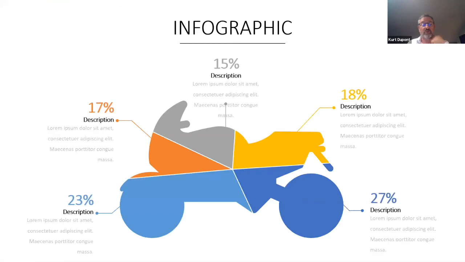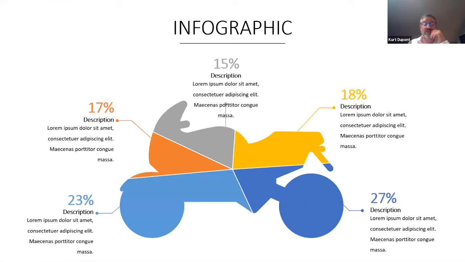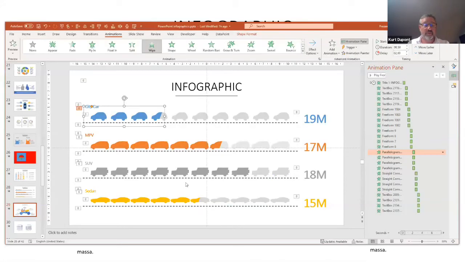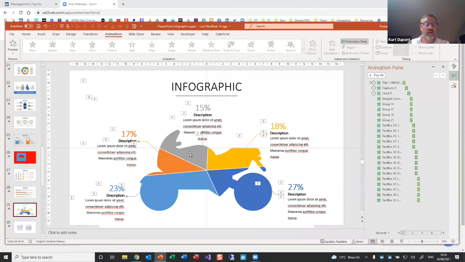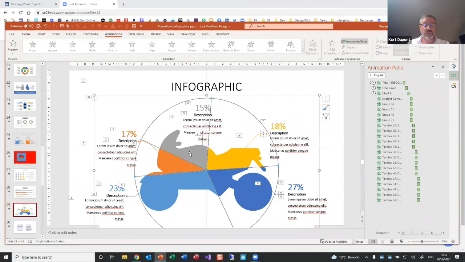Here is the pie chart. This is a pie chart. Let me show you how you can create this. Basically, you're playing again with a cutout image that you have.